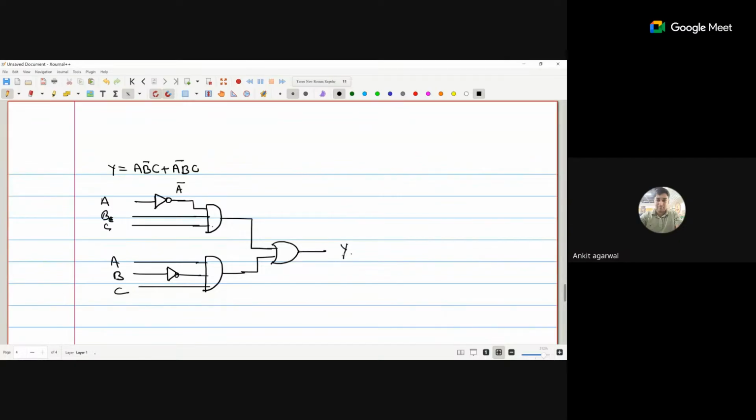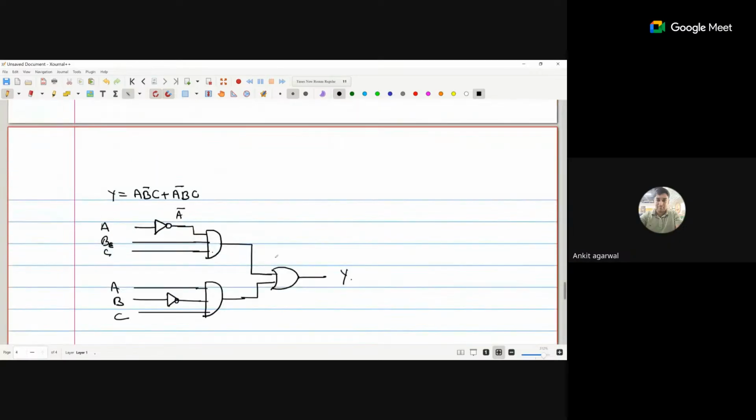Now we are going to convert this one. So, as I already told, this particularly AND gate with inverted input behave as a NOR gate. And similarly, OR gate with inverted input behave as a NAND gate. Okay.